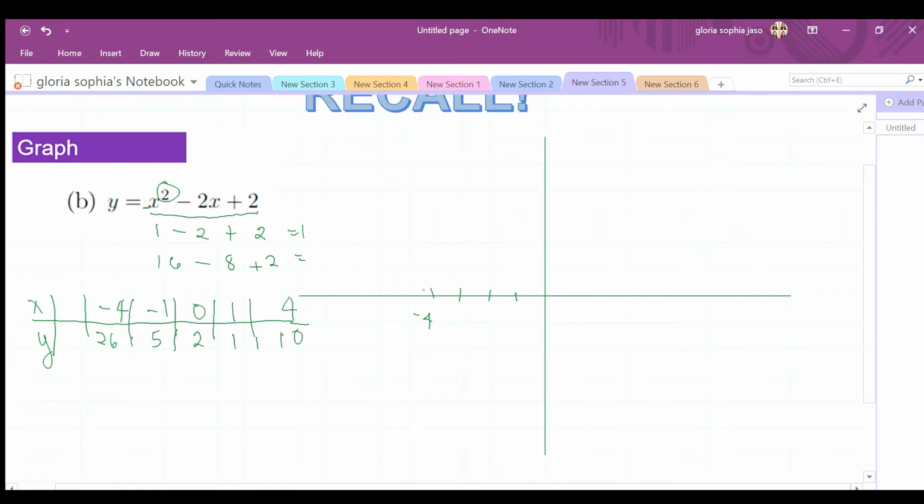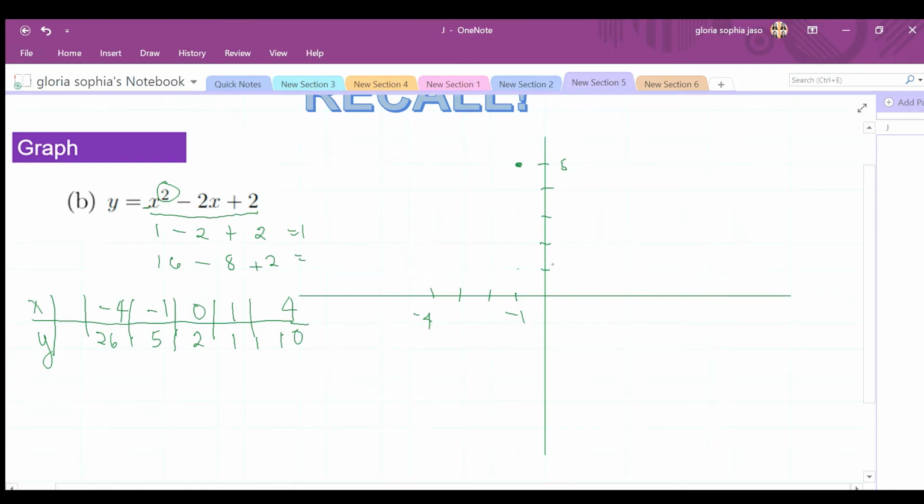So, medyo malayo siya. So, hindi natin i-graph tong point na to kasi masyadong malayo sa taas. So, ito na lang, -1. So, -1 tsaka 5. Ayan. So, -1 tsaka 5. So, 1, 1, 2, 3, 4, 5. Ayan. So, dito yan. Okay.